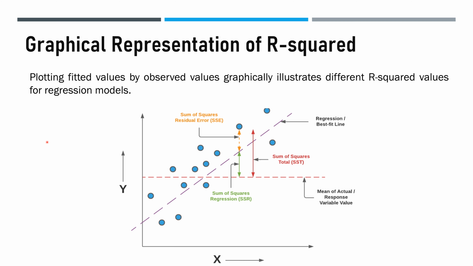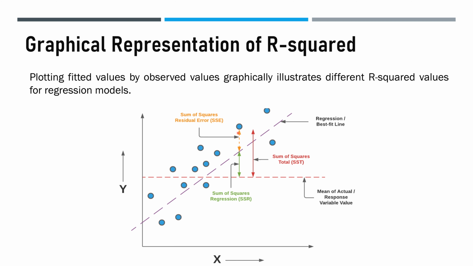Now let's see the graphical representation of R squared values for a regression model. As you can see in this graph, which has x and y axes, these are all the actual points on the x and y axes. This is the best fit regression line, and this is the mean of actual variable values.